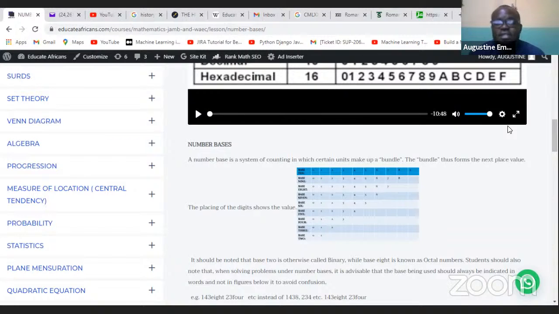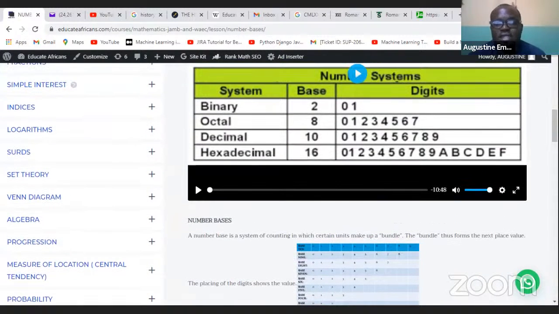Whenever you are counting, and you're saying 1, 2, 3 down to 10, it is known as decimal count, base 10 counting. It has this combination of numbers 0, 1, 2, 3, 4, 5, 6, 7, 8, 9. So whenever you have counting in this number, it is known as base 10.